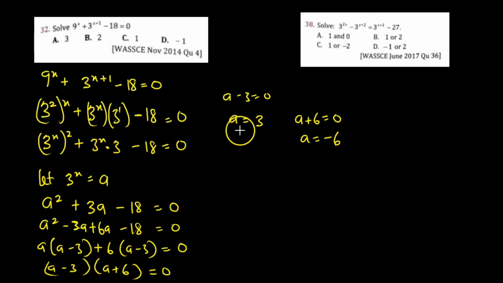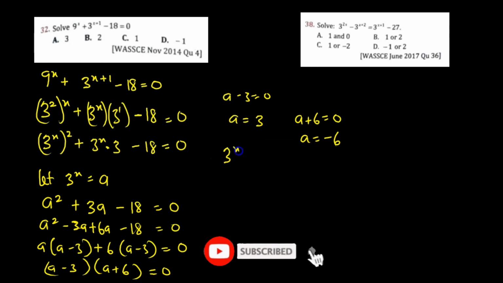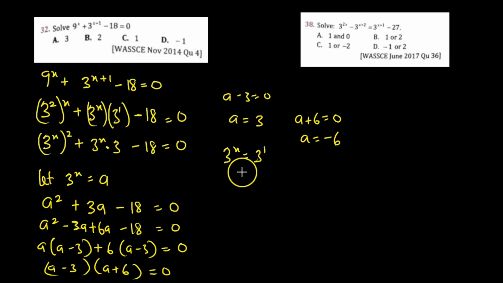We were actually solving for the value of x, and we replaced 3 to the power x with a. So 3 to the power x must be equal to a, which is 3 for the first solution. That is the same as 3 to the power 1, and x will be equal to 1.